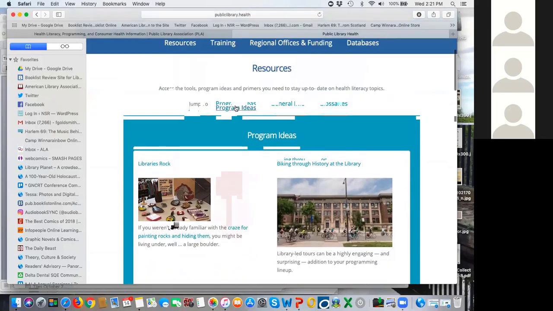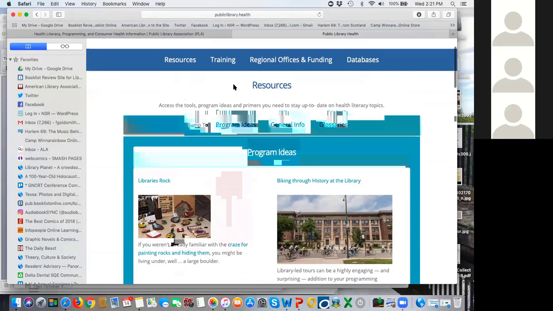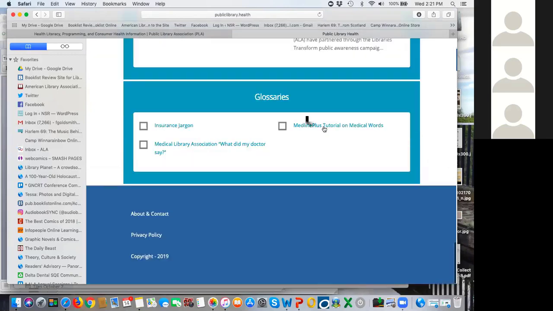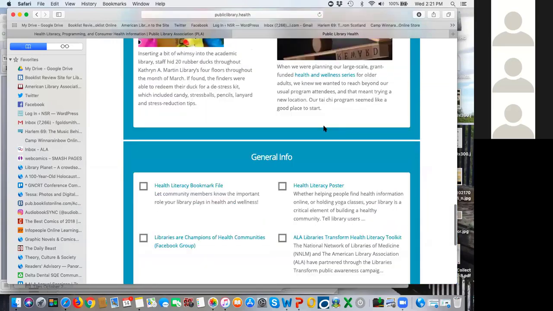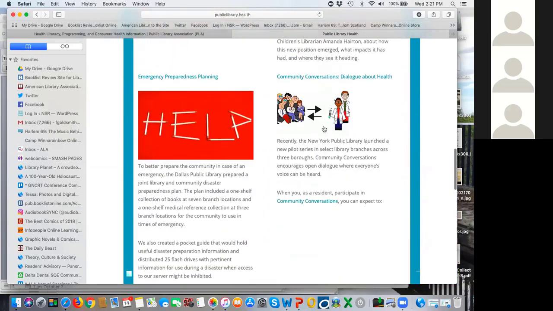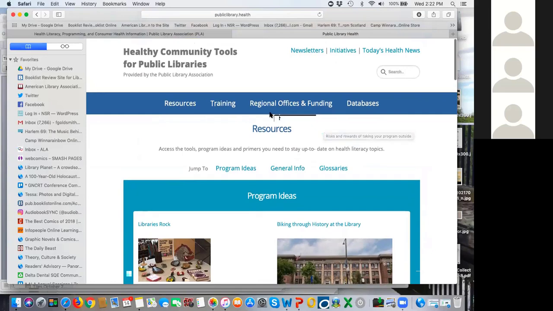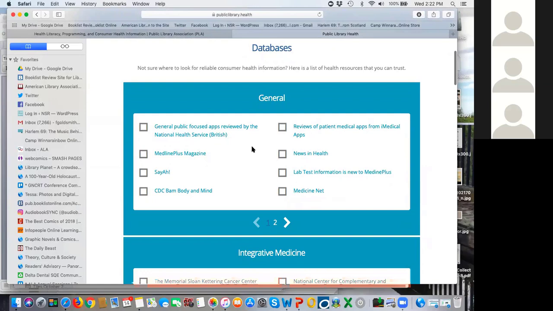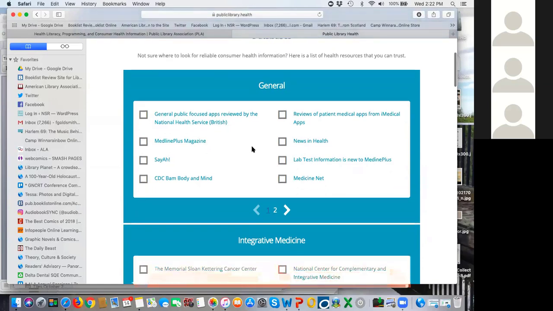It has a huge range of programming ideas, but also among its resources includes glossaries, and also includes databases.